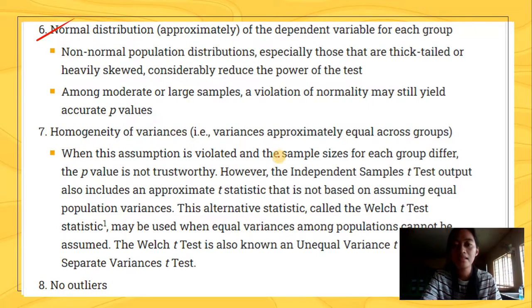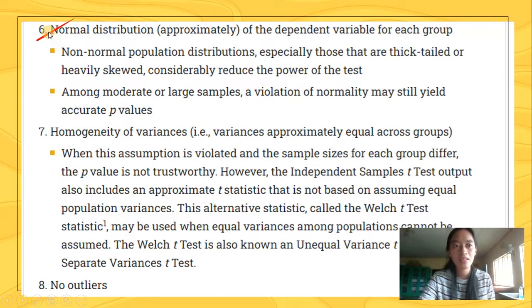So the variances are approximately equal across groups. When this assumption is violated and the sample sizes for each group differ, the value would not be trustworthy. We will look at these other conditions later. And no outliers. Wala simang kayo, dako kayo nga value and so on, because that could mean it is not normally distributed.